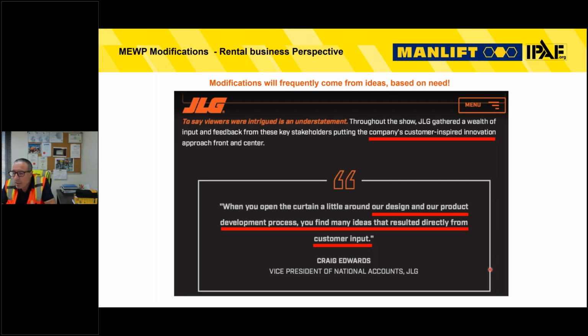So that's giving us an idea that the manufacturers also gain many of their innovative ideas and their product changes from the users of the equipment. So not all modifications are necessarily bad, but they can be if they're not done in the correct manner.